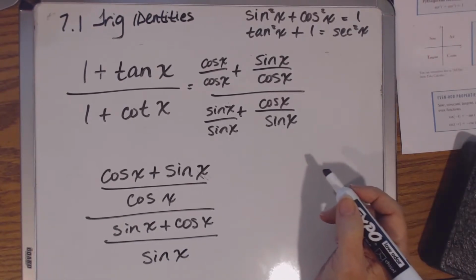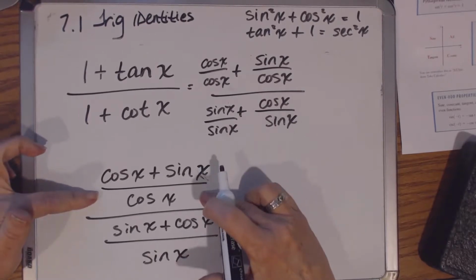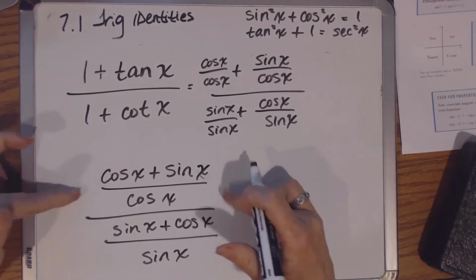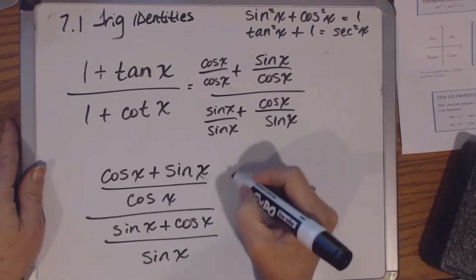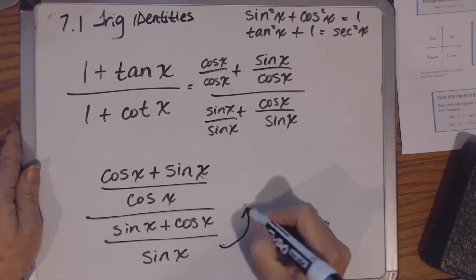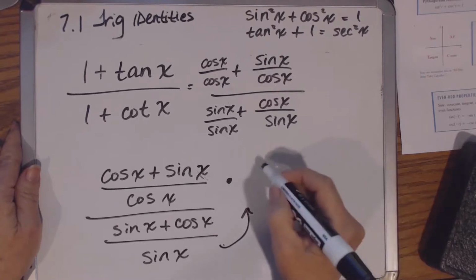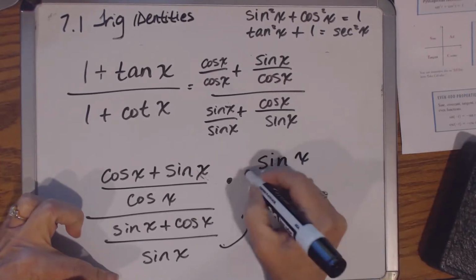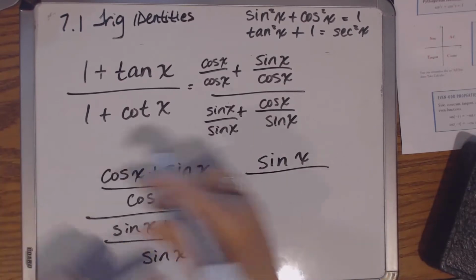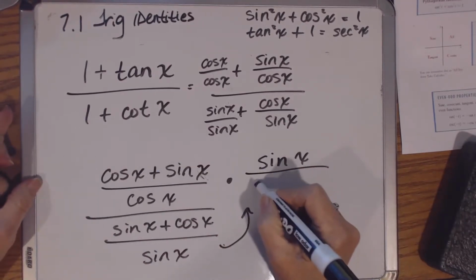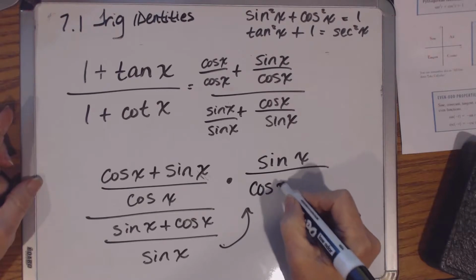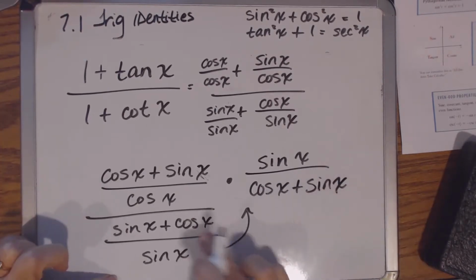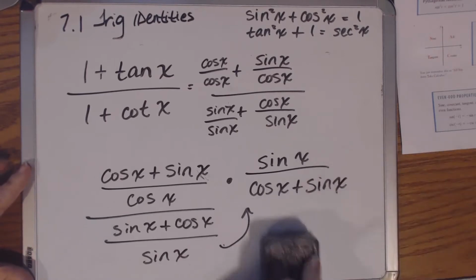Okay, and we're going to find that similarly to if we have the same denominators, well, if we have the same numerators, I'm going to get a cancellation, but I'm going to show this a little bit more explicitly. If I bring this up, flip and multiply it, I'm going to get sine of x here in the top, and I can rearrange this due to the commutative property, cosine of x plus sine of x. So this is the flip and multiply part, okay?